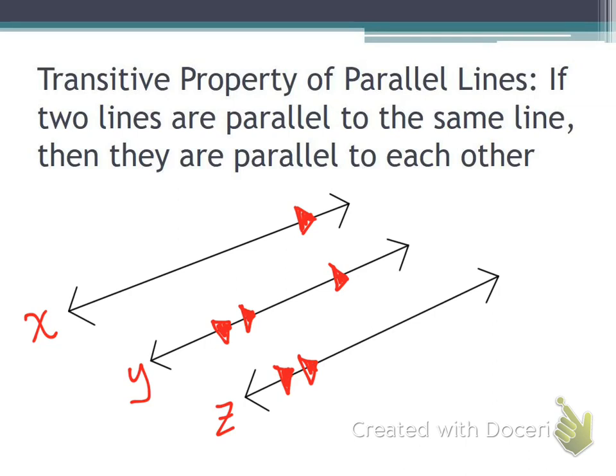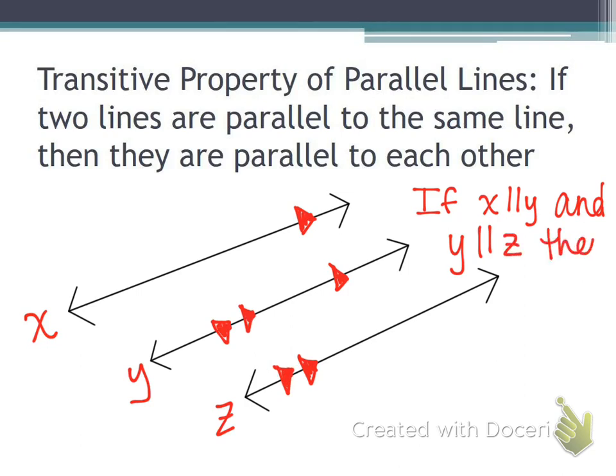And I'm going to mark them with the triangles. All right, so if X is parallel to Y, because they each have one triangle on them, and Y is parallel to Z because they each have two triangles on them, then what do you think I can conclude?